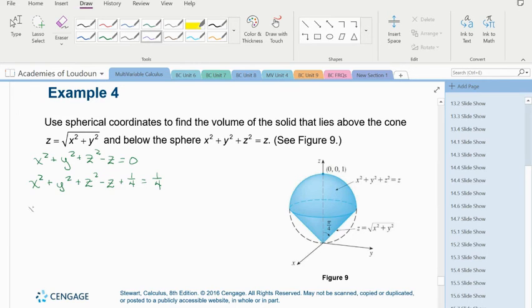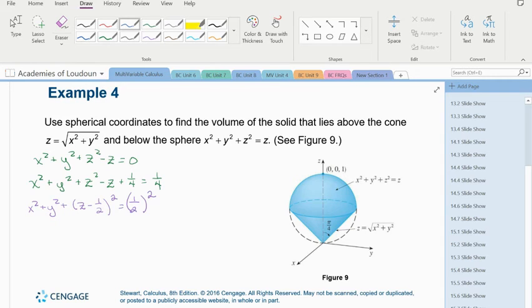And that gives us then x squared plus y squared plus z minus 1/2 quantity squared is equal to 1/2 squared. So that gives us then our center of 0, 0, 1/2.